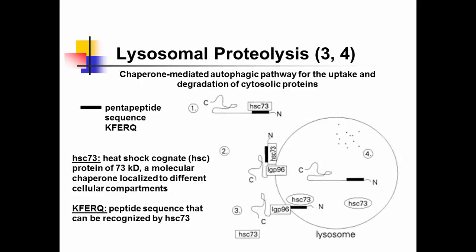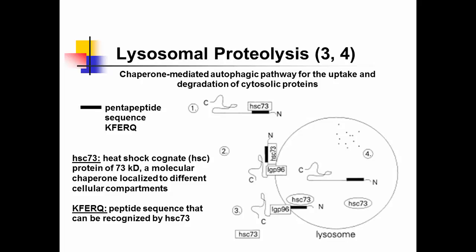This peptide sequence is very important and can be recognized by HSC73 proteins. Once these proteins bind this sequence on certain proteins, they can direct the protein to the lysosome, and allow the peptide sequence to bind to the receptor LAMP-2A.